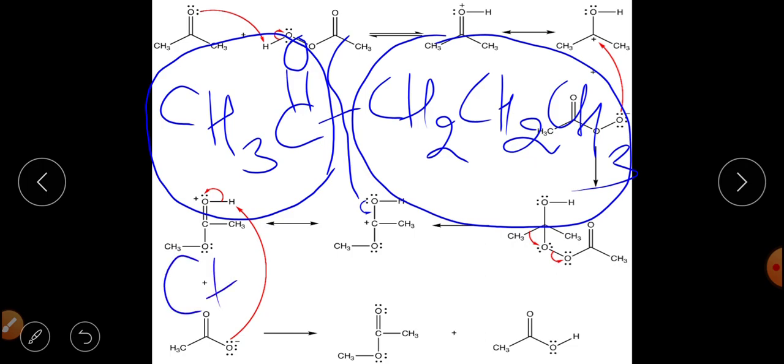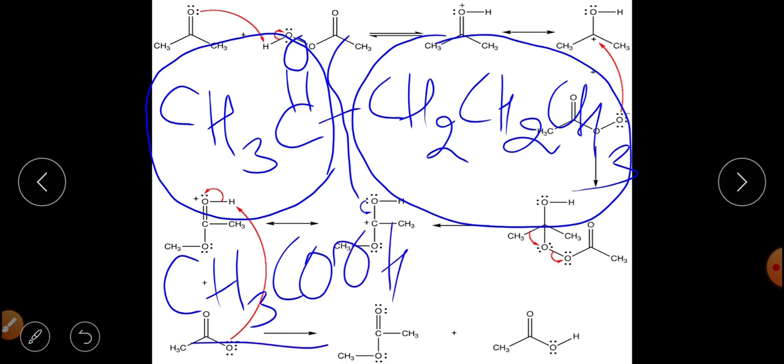One will be CH3COOH, acetic acid, synthesized from this moiety, and this other moiety will get converted into CH3, CH2, COOH.